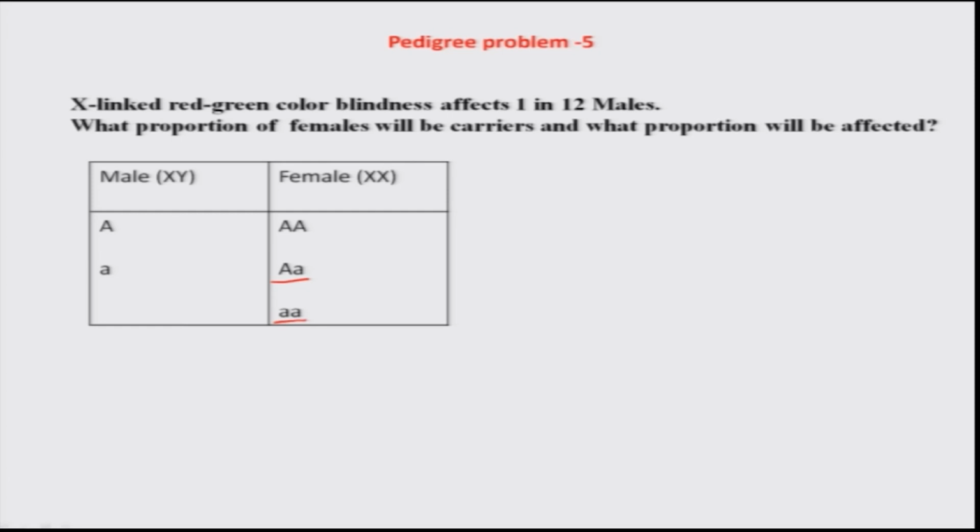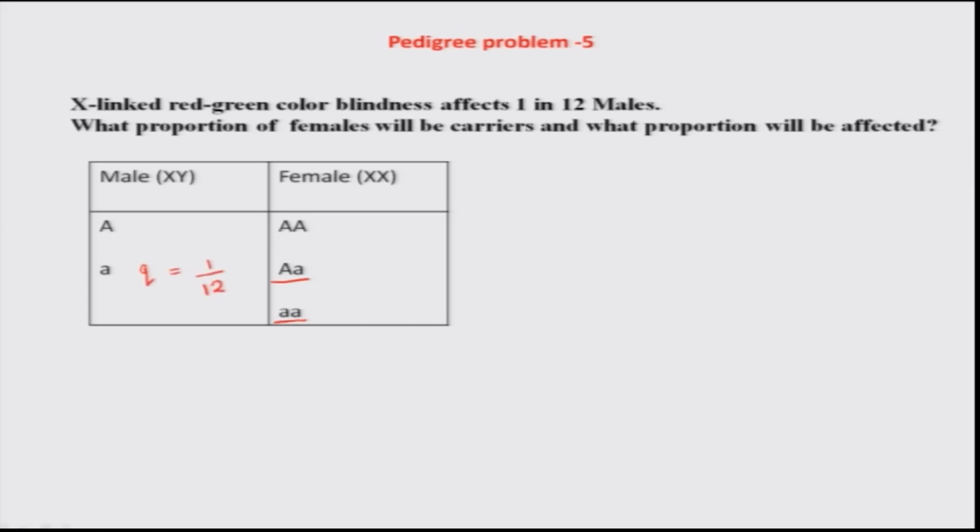Now as I told, for males, since there is only one X chromosome, either there will be capital A or small a, and from the problem we know that 1 in 12 males is affected, that is the frequency of a, and if I say that is q, it is 1 by 12.